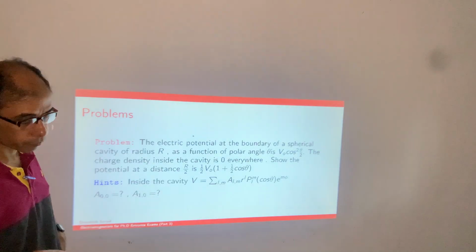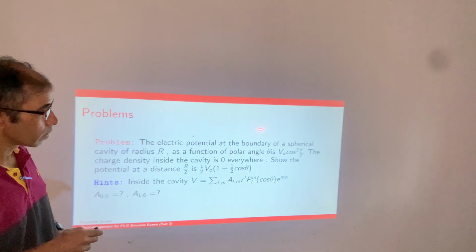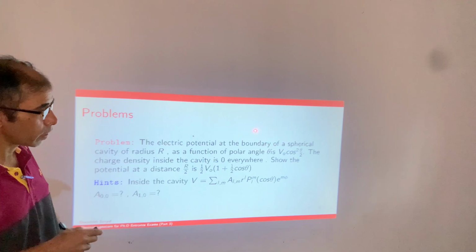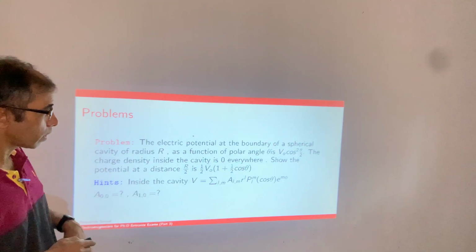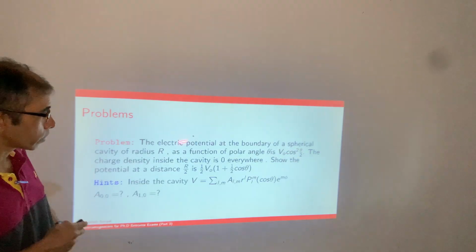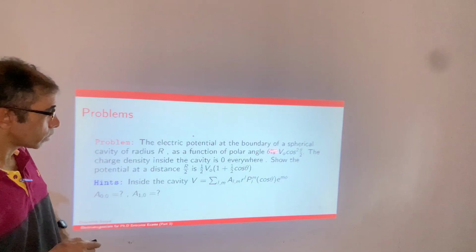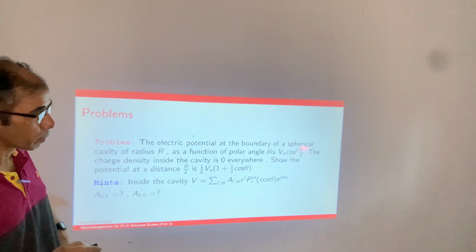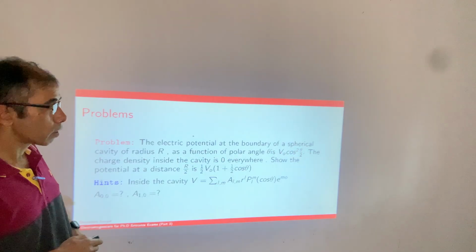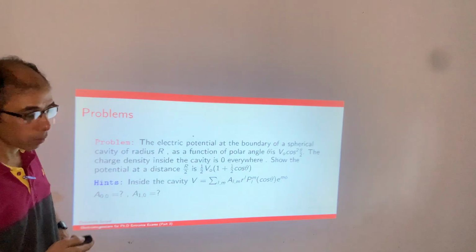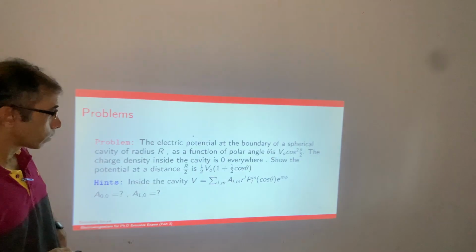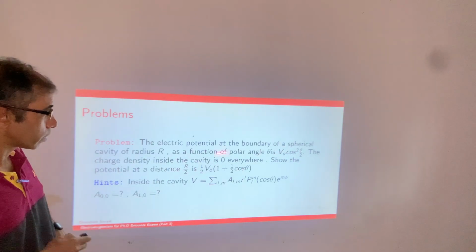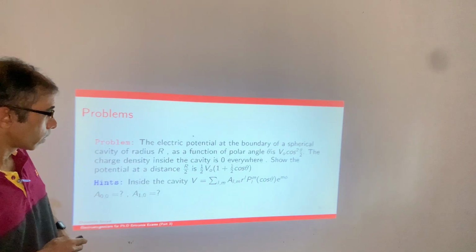So you have a shell and a cavity, and the electric potential at the shell is given by this. It is in spherical coordinates, so it depends only on theta, as you can see. At a distance r by 2 you have to show this is the potential.